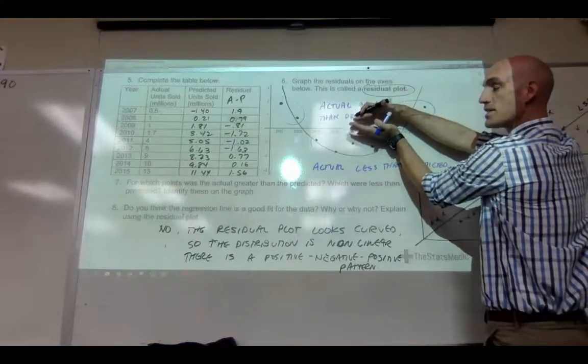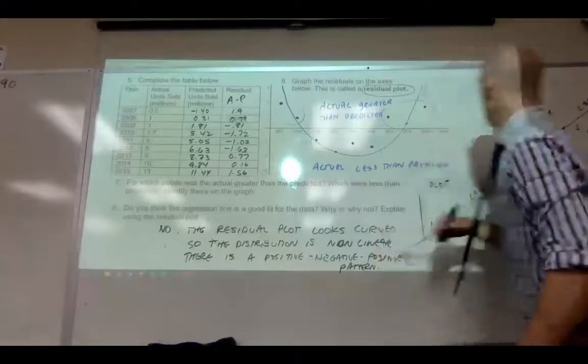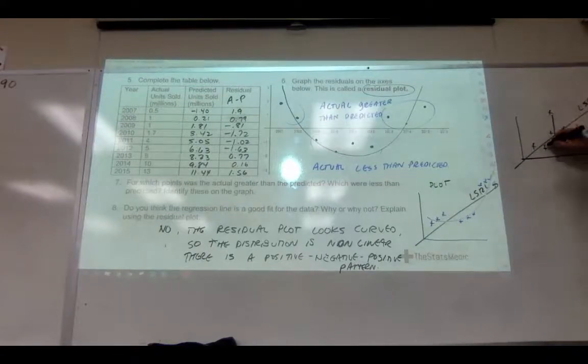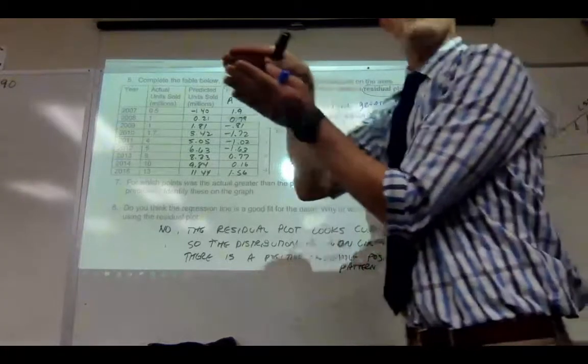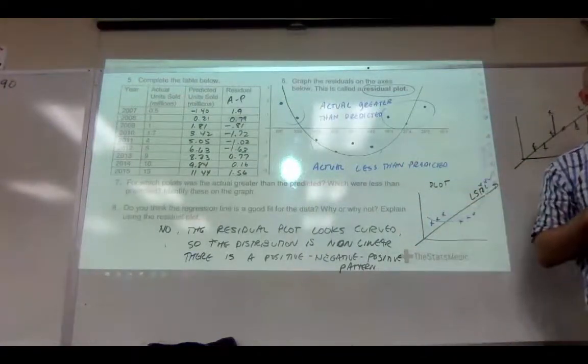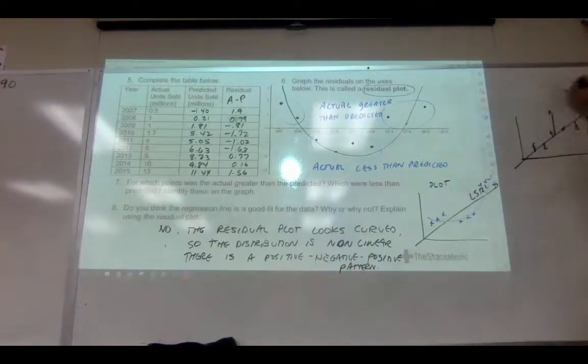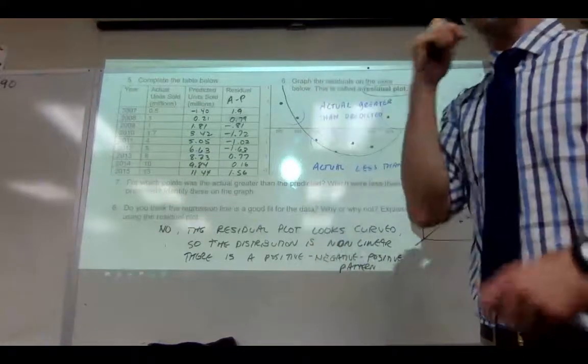The tighter around 0 my residuals are, the better fit my data is, because residual measures how far these are from the line. If the data is closer to the line, I'm going to have a residual plot closer to 0. But if I've got linear data, my residuals are going to be random, because I'll have some above, some below, but there's not going to be a definite pattern. Whereas if my data was in a parabola, I'd have residuals above, residuals below, a definite pattern to my residuals.